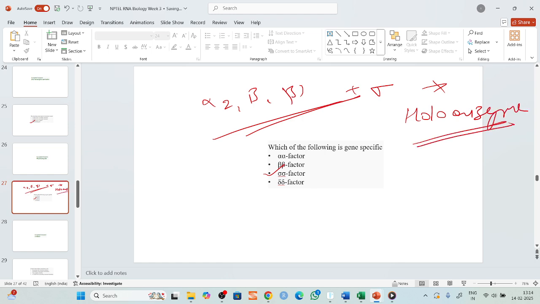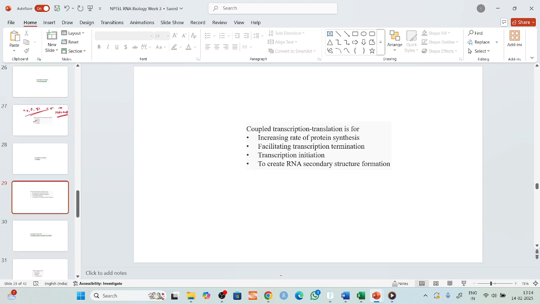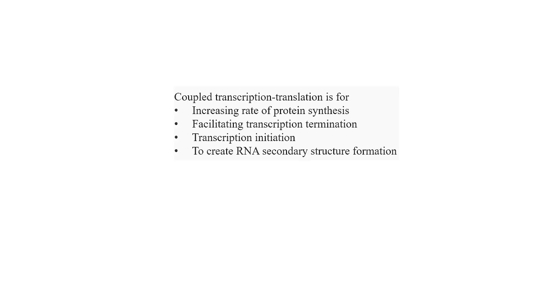We have already talked previously that for different functions, different sigma factors are responsible. Sigma factor can differ, but the core complex remains the same in all the cases. So, which would be gene specific? The sigma factor.